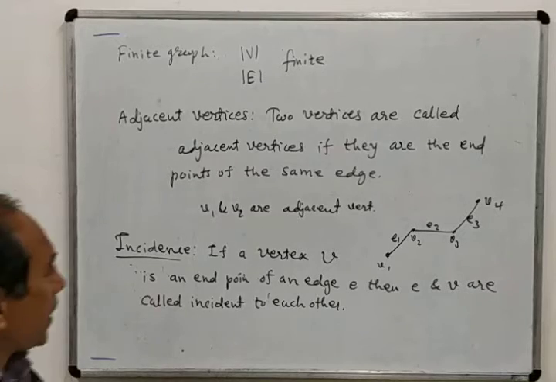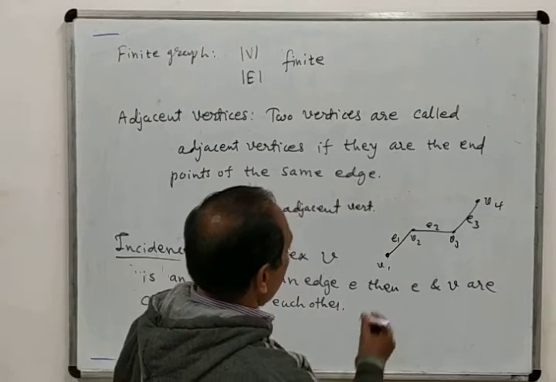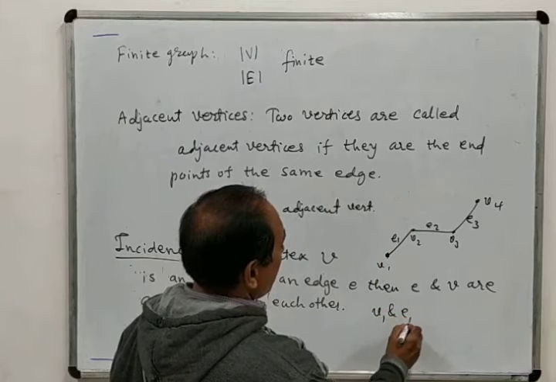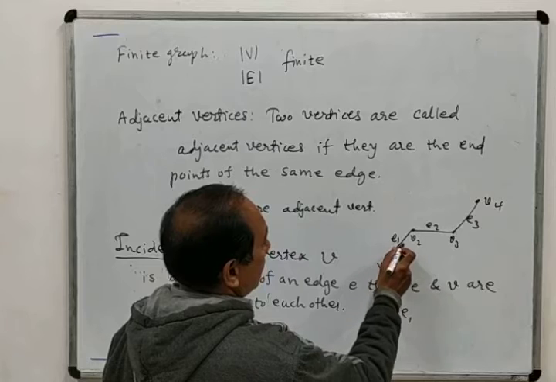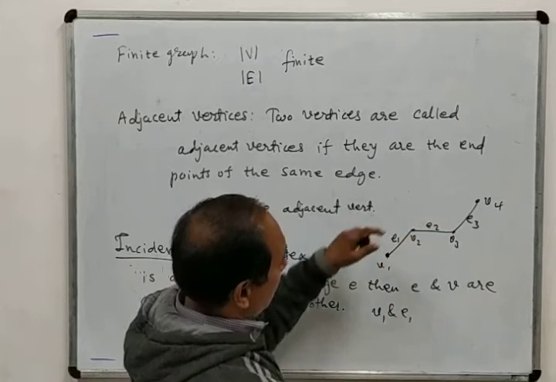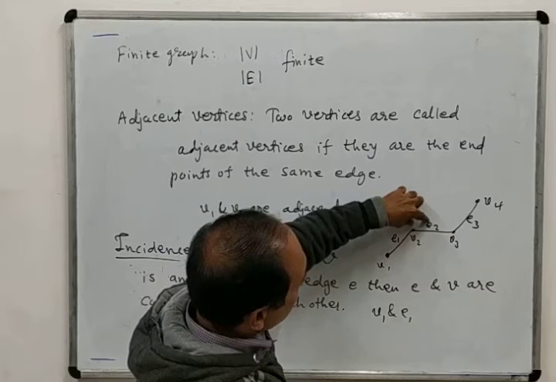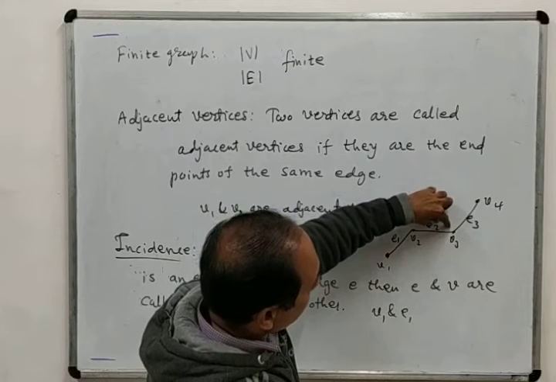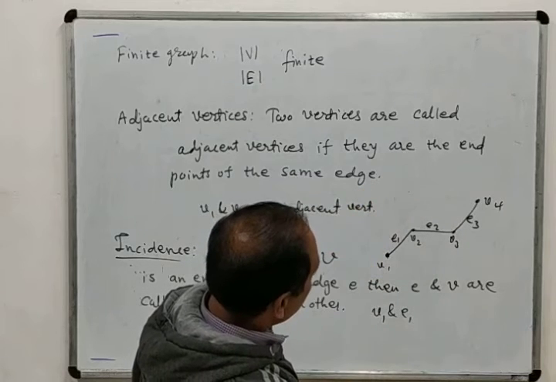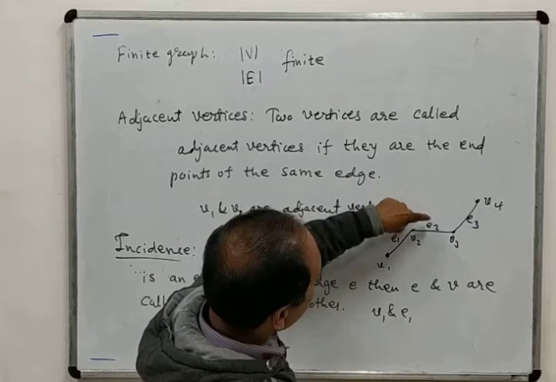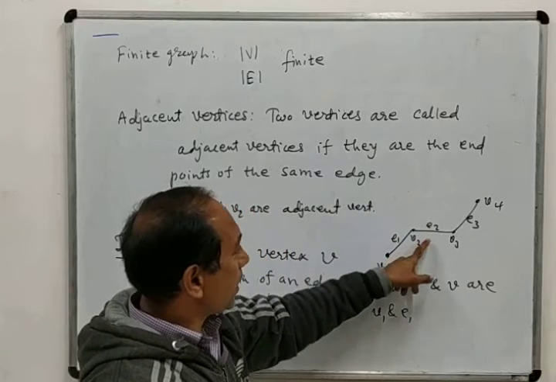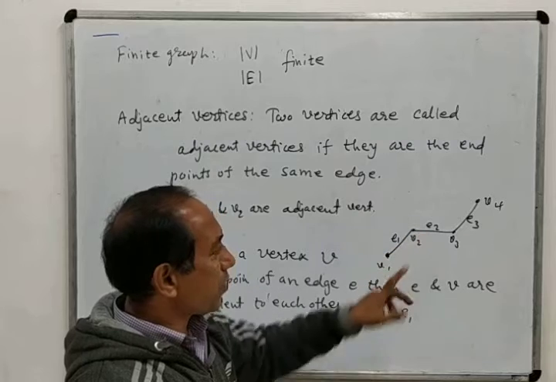Here, V1 and E1 are incident with each other. Similarly, V2 and E1 are also incident with each other. E2 and V2 are also incident with each other. E2 and V3 are also incident with each other. But V1 and E2 are not incident with each other, because E2 is the edge, but V1 is not the endpoint of E2.